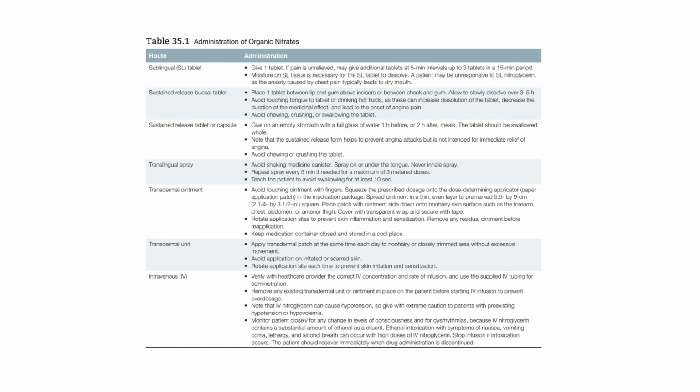And lastly, intravenous nitroglycerin. This is usually used in an emergency setting, and it's usually used in someone with unstable angina that is resistant to other treatments that we've tried, such as sublingual nitroglycerin, aspirin, oxygen, maybe a beta blocker, other medications, and we can't seem to control their ischemic chest pain.